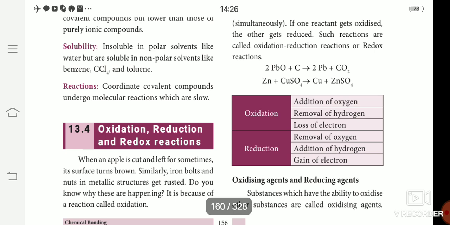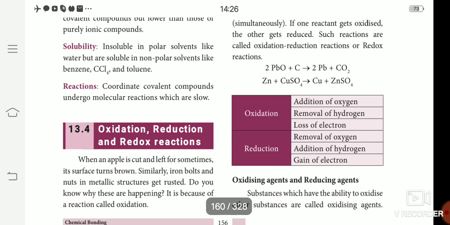Lead is separated, and then carbon dioxide is evaporated. Carbon dioxide is a gas. So in this reaction, lead oxide reacts with carbon to give the products lead and carbon dioxide.